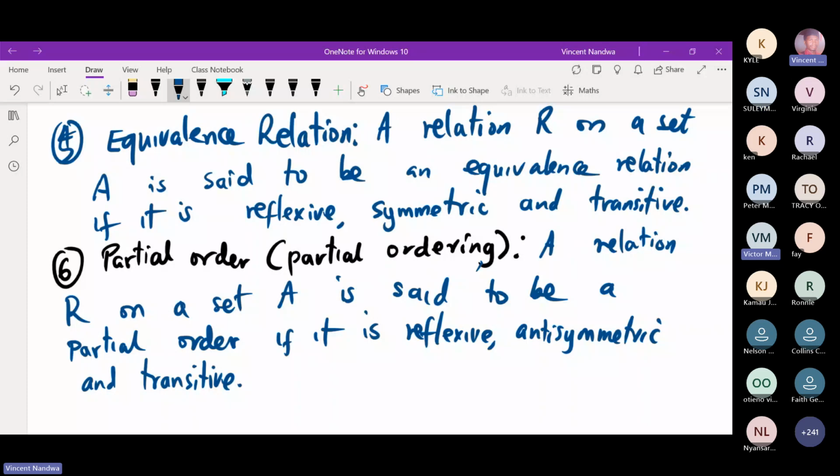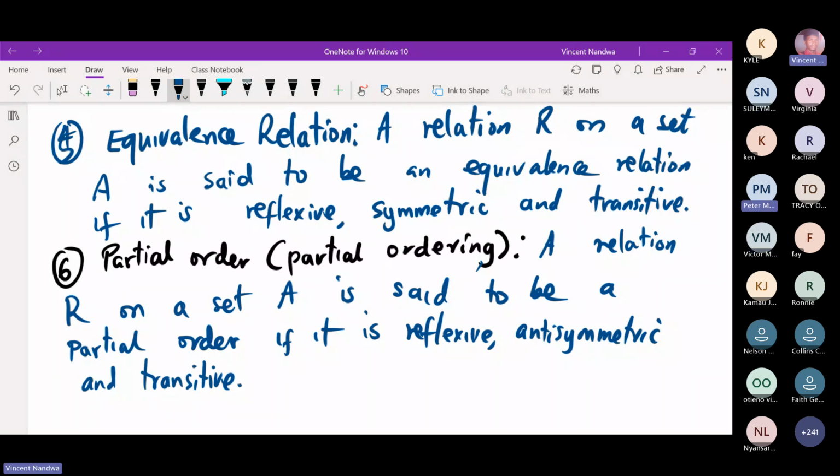So when you explain the interpretation of the classification of a relation as transitive, then the rest of the terms should actually be obvious for you to be able to write the definition.